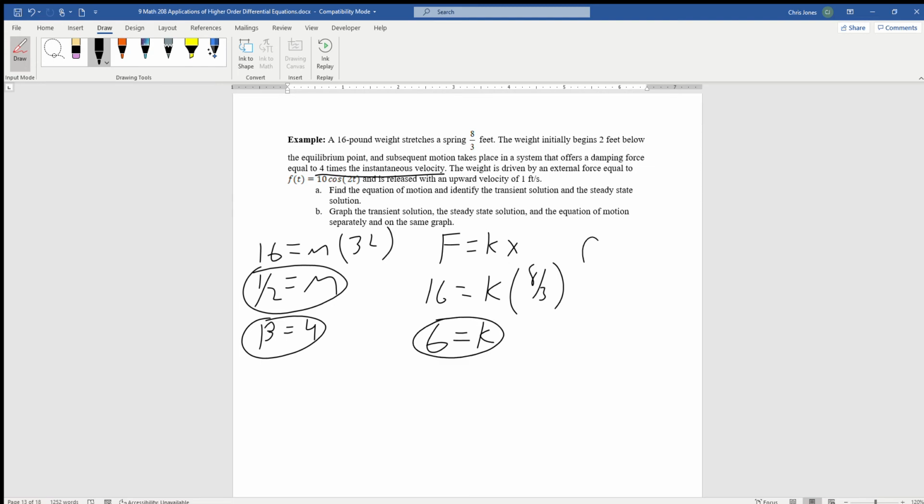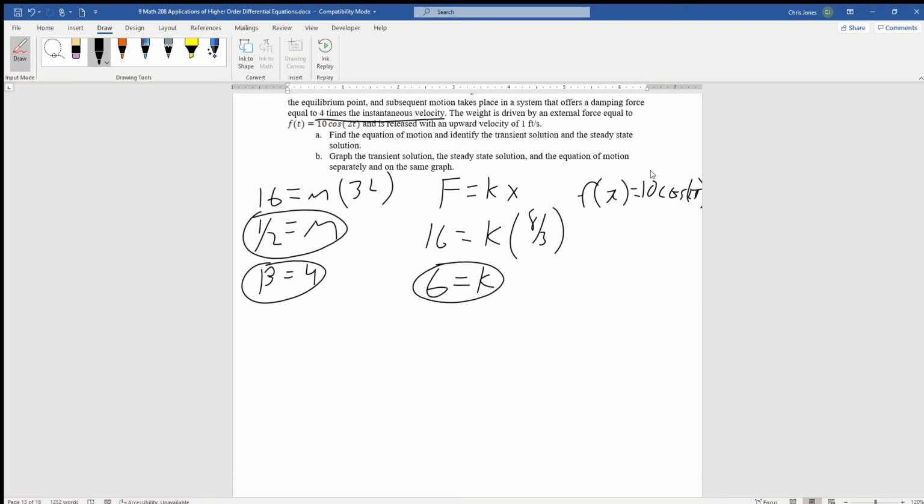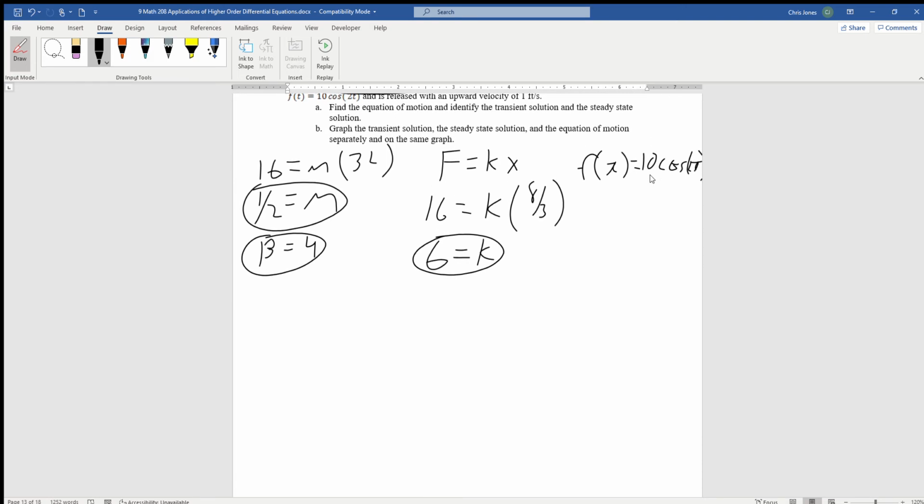And then finally, the easiest to identify is the forcing function, and that's 10 cos of 2t. So now we're just going to throw everything together to get an equation of motion, and let's start with the complementary.